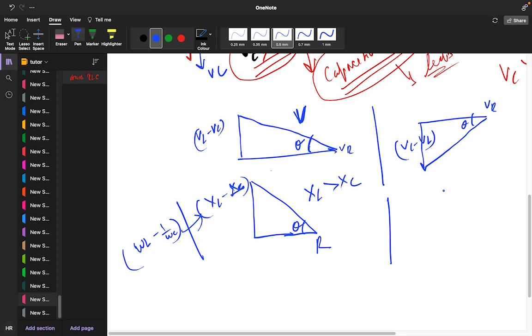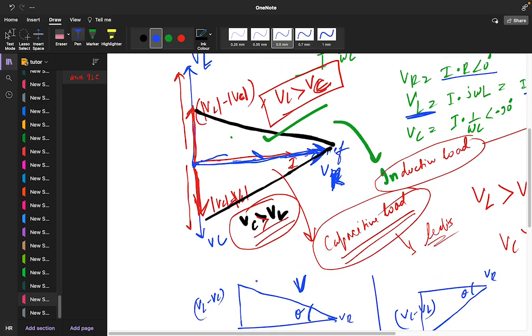If you are getting XC minus XL, that means your XC is greater than XL, and you get the circuit like this. Okay, this part is clear for everyone. So this is the RLC network.